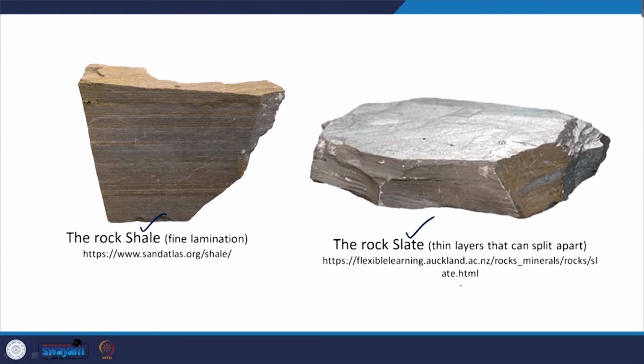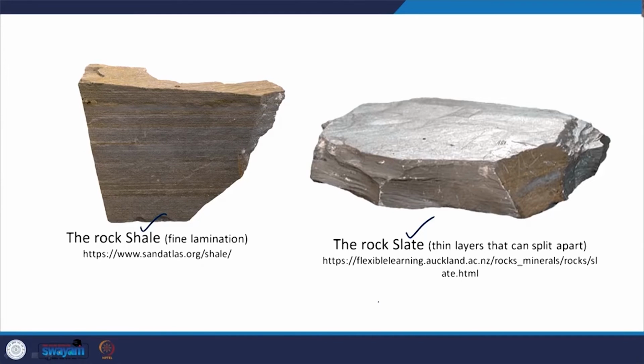Slate, as I mentioned, is a metamorphic rock, generally formed by metamorphosis of mudstone or shale or sometimes basalt under relatively low pressure and temperature conditions.